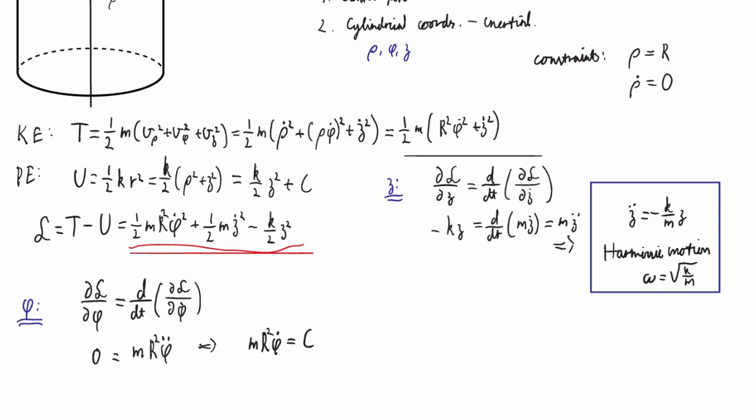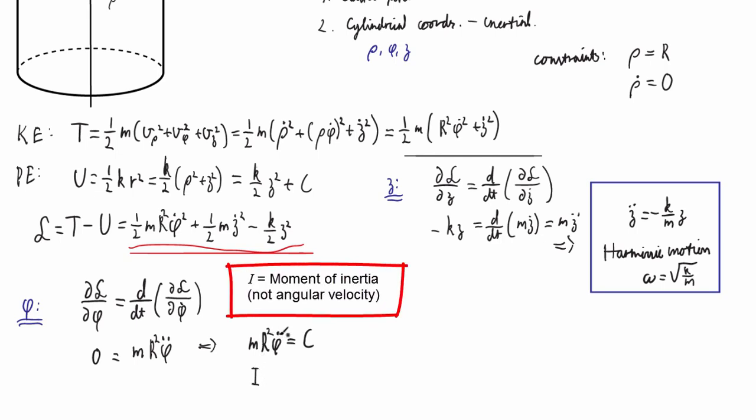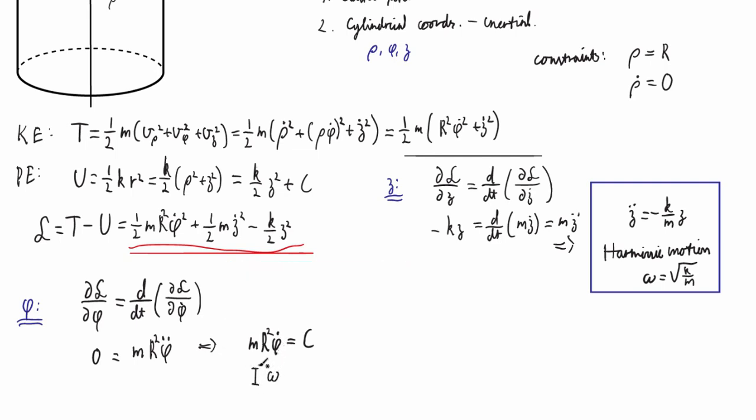So m R squared, that's I. Phi dot is the same thing as omega, the angular velocity. So I is the moment of inertia. So you get I times omega. m R squared is the moment of inertia. Phi dot is the angular velocity. I times omega, that's the angular momentum L, and that's supposed to be a constant.